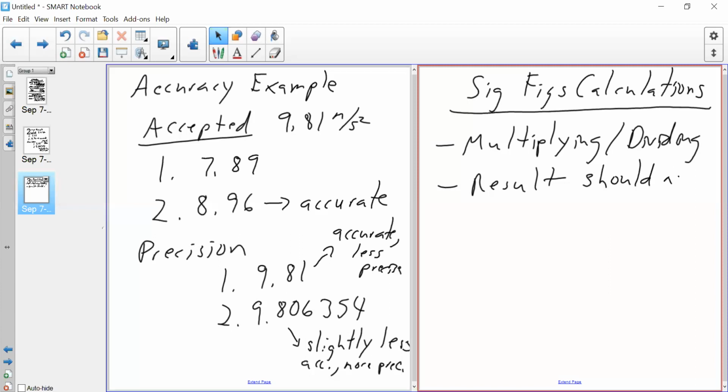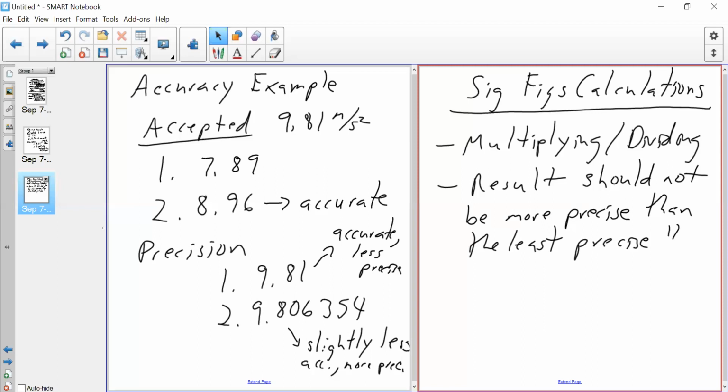The result should not be more precise than the least precise number to produce that result.